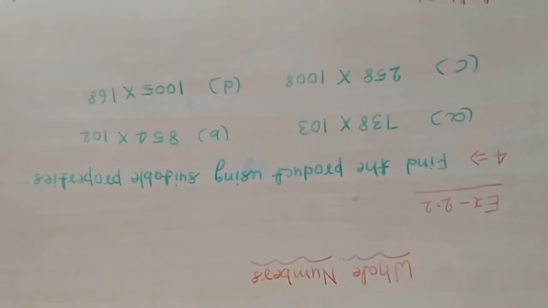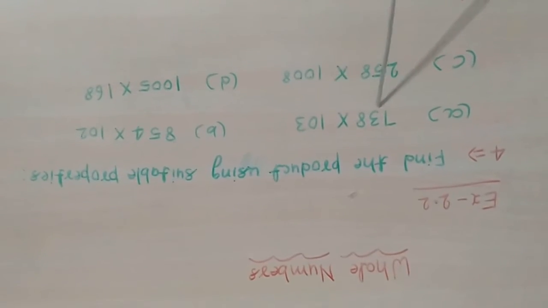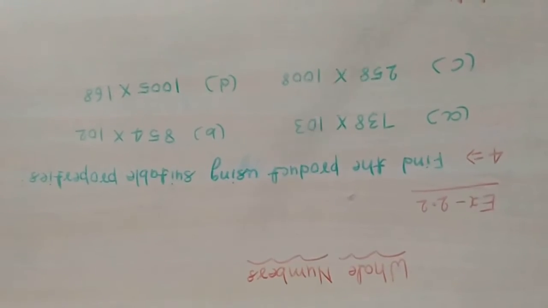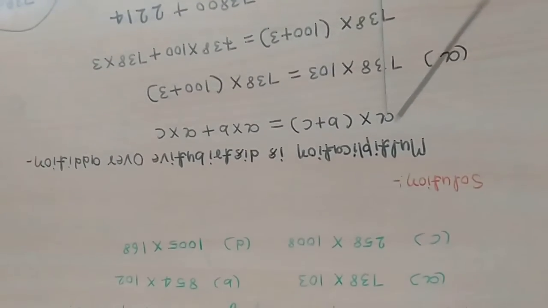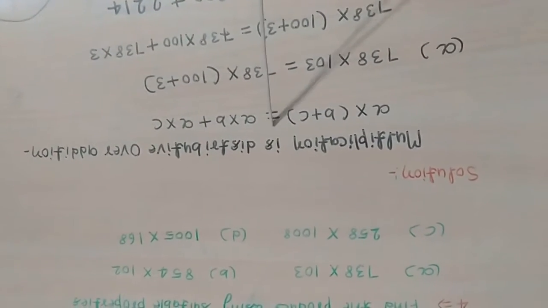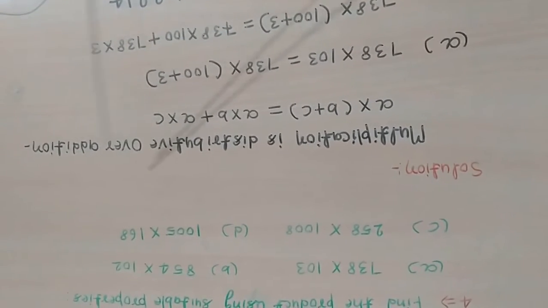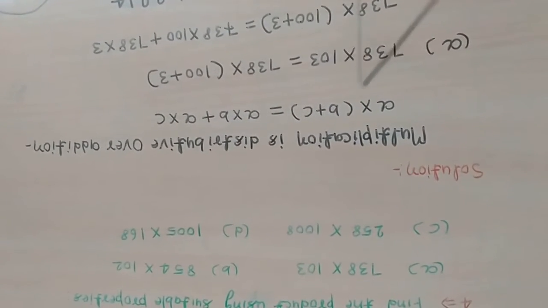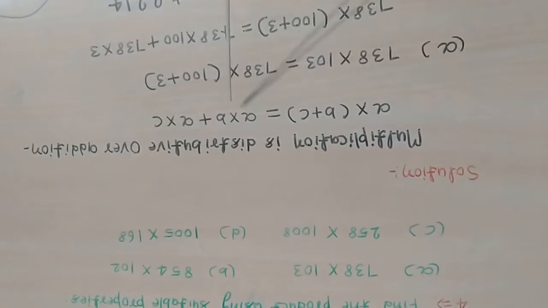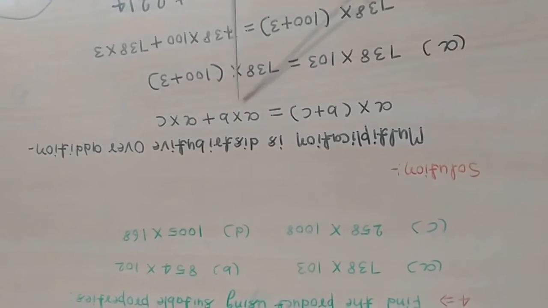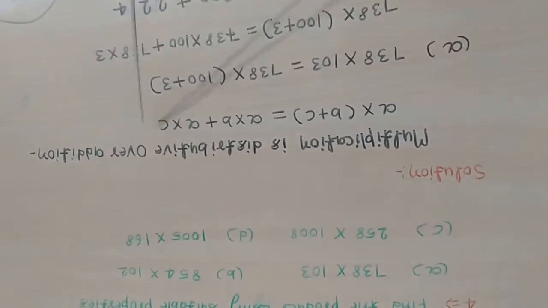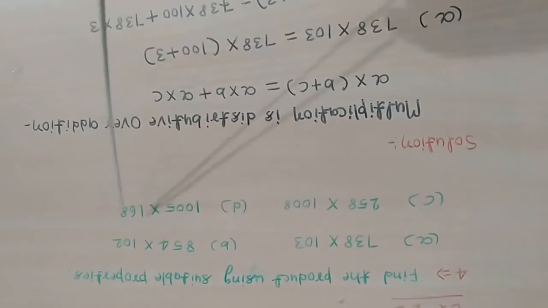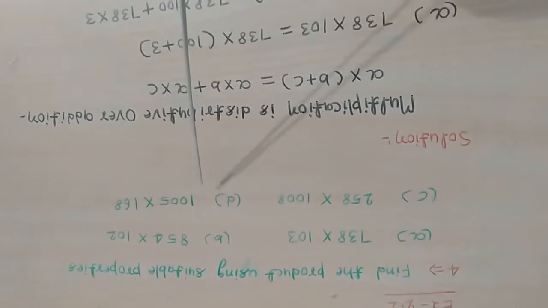Let's see the solution of first part A. Here the suitable property is multiplication is distributive over addition: A into (B plus C) is equal to A into B plus A into C. We use these properties and solve all these questions.